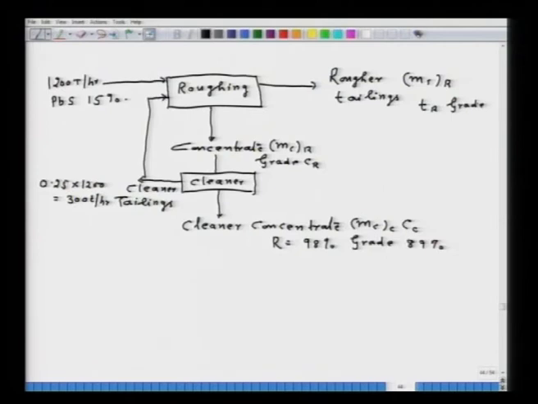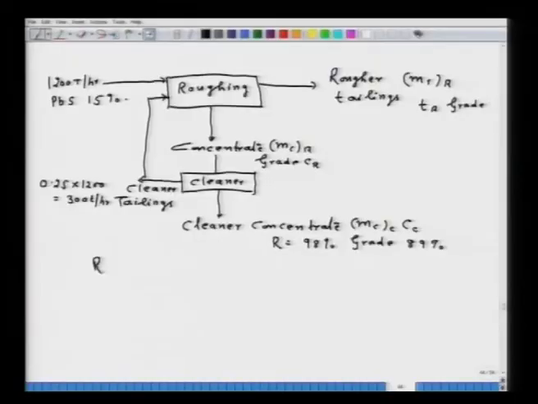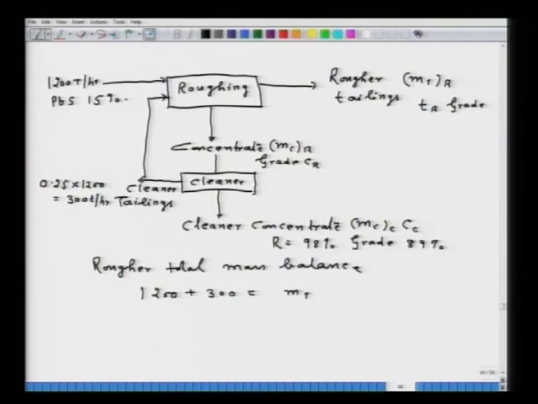So, we have to find out the flow rates and grade of the respective streams. Again, a simple mass balance type of problem: input is equal to output. So, if you do rougher total mass balance, then this is equal to 1200 plus 300, that is equal to MTR plus MCR, that is the equation number 1.